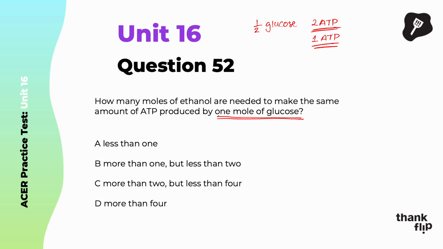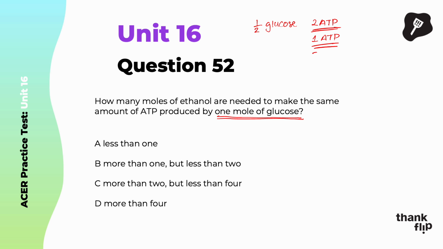Then, finally, you have your 3 ADP plus 3P that's turning into 3 ATP using some oxygen and using all of that NADH as well that was produced in the previous bits of the reaction.